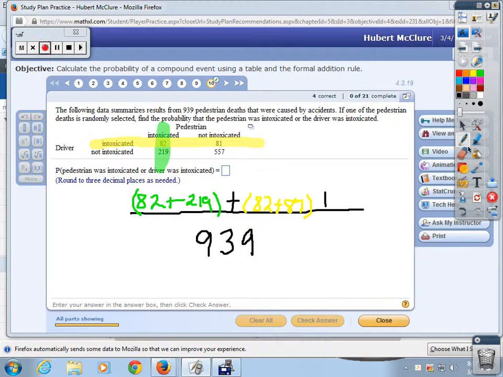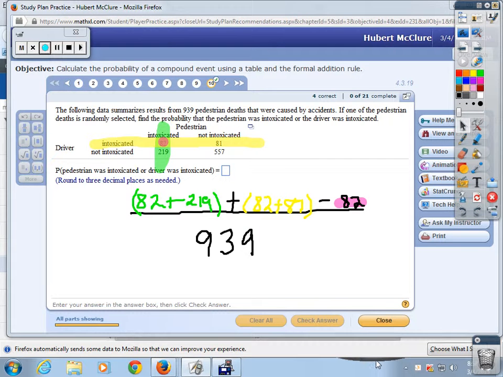And what are we going to do? Subtract the overlap. It takes out the 82, and that should be your answer.